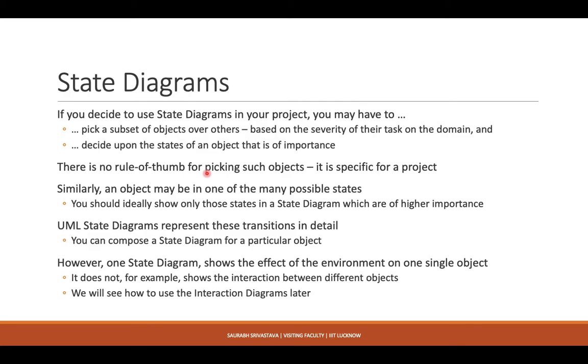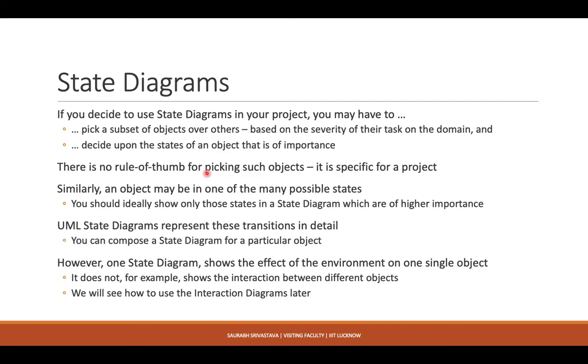Another issue is that sometimes the number of possible states that your object might go through might be too many, so you may only show certain states, the important states, through which your object transitions. But all these are specific for your scenario. There is really no rule of thumb that I can teach you for how you should pick the objects and how you should shortlist the states that you want to show in the state diagram. It is for you to decide. You have to figure out what level of detail you are going to put in your documentation.